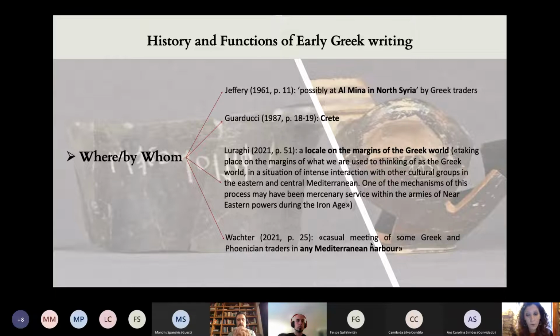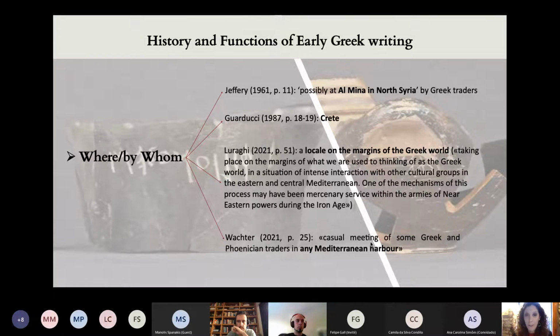And so maybe in this case, we have to abandon this positivistic point of view and not look for a place like one city or one spot in the Mediterranean, but be more cautious and think about the invention as something that came up in one general place in the Mediterranean, like a harbor or an emporium, the place in which these Phoenician traders and the Greek traders met and had conversations and so on.